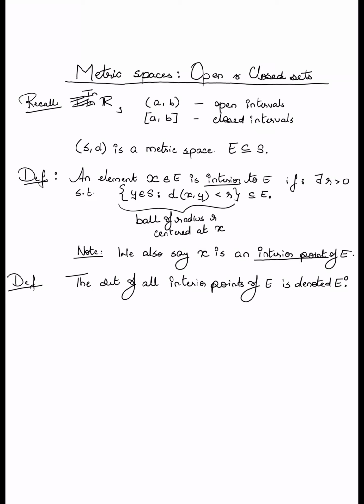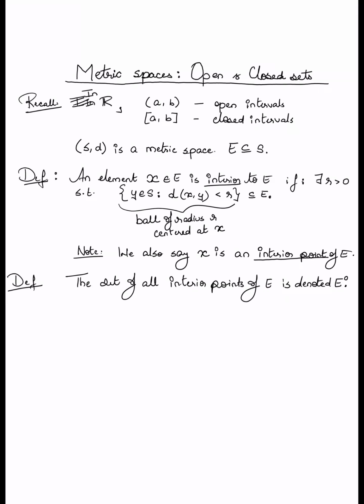It's clearly a subset of E, because only points that belong to E could possibly be interior points of E. So E naught is that subset of E composed of all interior points of E.